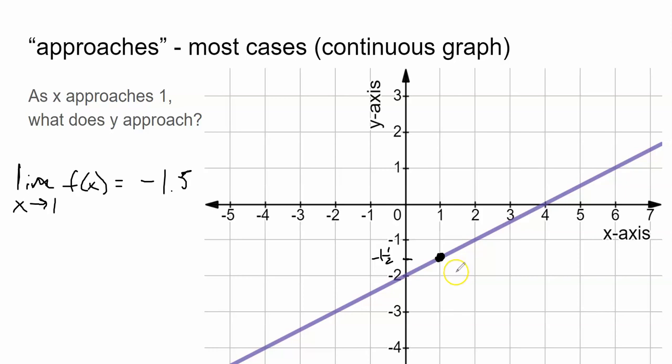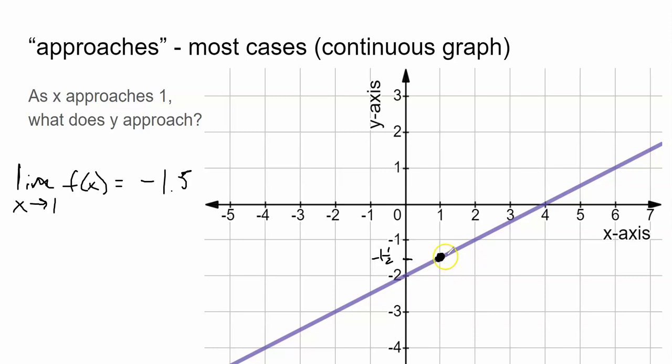Now, if you're sitting there behind your screen and you're like, wow, that seems really easy, there's nothing else to this, I am going to tell you, not really. If your graph is continuous, and it asks you as x approaches some value, what does y approach? You're pretty much always going to pick the value that is actually in the graph because it's defined. So we don't need to worry about different cases where that might not be the case, which is what we're going to look at next.